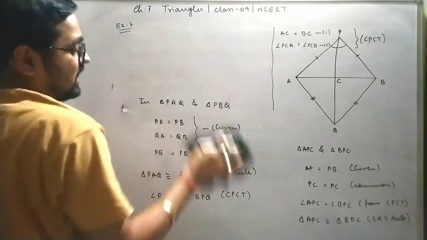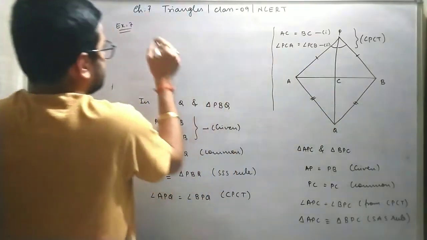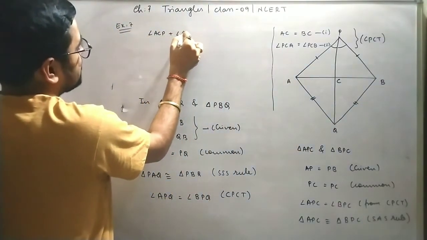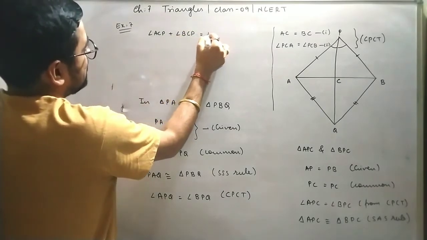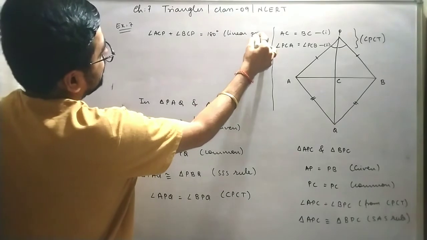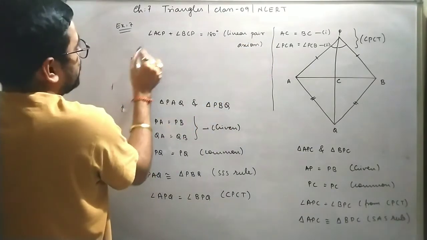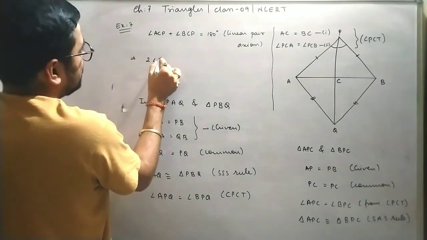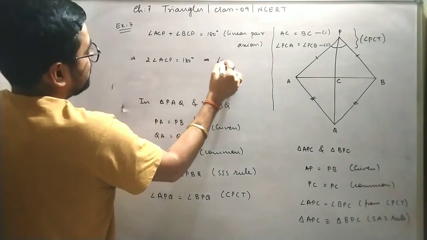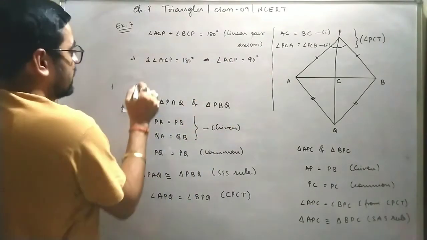What we learned was that when a ray is standing on a line, that means linear pair axiom, that is angle ACP plus angle BCP is equal to 180 degrees. Linear pair axiom. Correct? And we know that both of them are equal, so I can say twice of ACP equals 180. That means angle ACP equals 90 degrees.